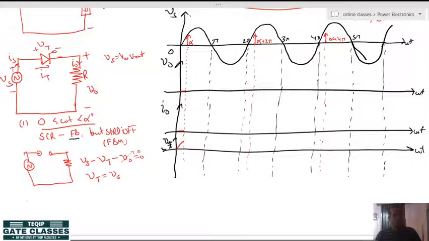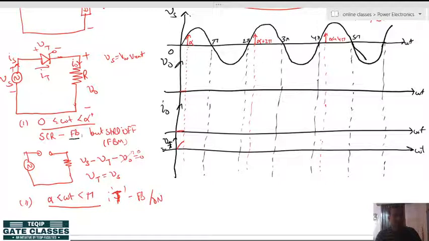Now the next instant, from alpha to pi in omega t. What is happening from alpha to pi? Here we can write the thyristor as T instead of SCR. T is forward biased and on also.